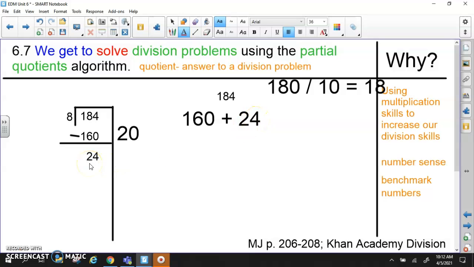What I've essentially done is I've divided 160 by 8. 160 divided by 8 is 20 because I know that 8 times 20 is 160. So what I have left over, or remainder, we could even say at this point, is 24.